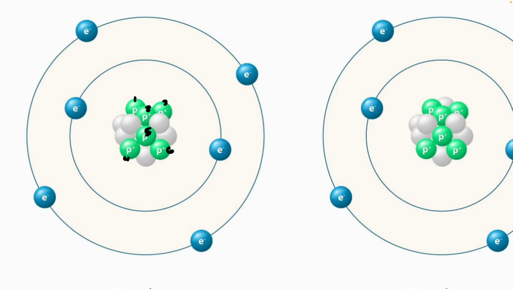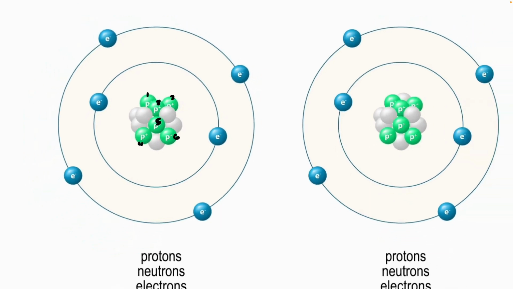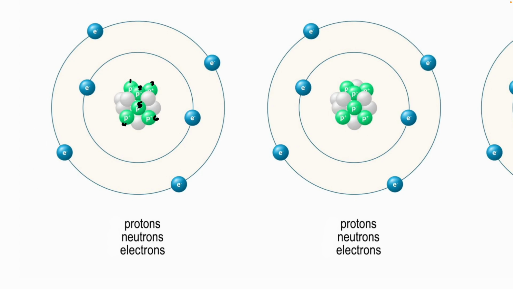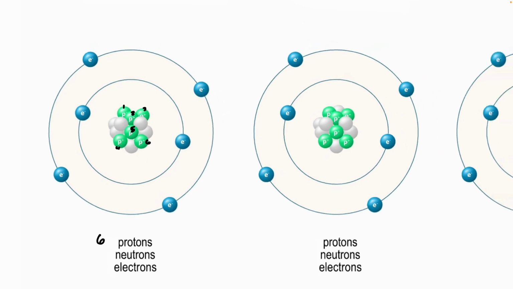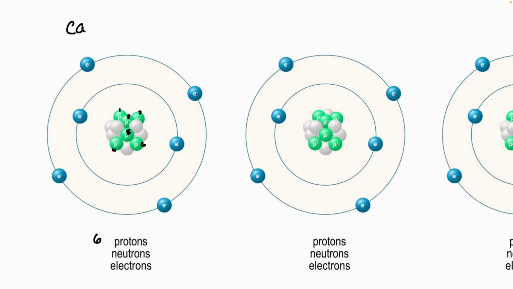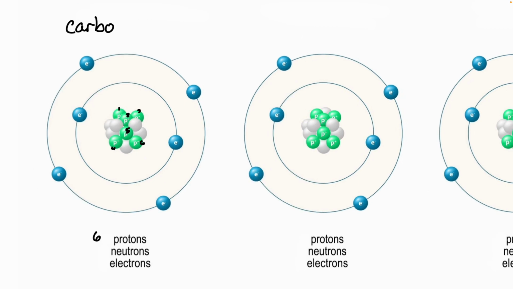So which element must I be talking about if I'm talking about an atom that has 6 protons? Carbon. Let's just name it up here. If we continue, we have 1, 2, 3, 4, 5, 6 neutrons, and we also have 1, 2, 3, 4, 5, 6 electrons in this particular atom. But again, the number of protons is how I know that we're talking about carbon.